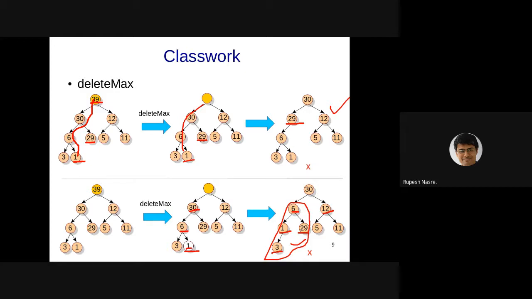Okay, addition of a hole at the bottom. Okay, so how will that solve the problem, Basu? And then percolate it up. Okay, so in this example, where should I create that hole?